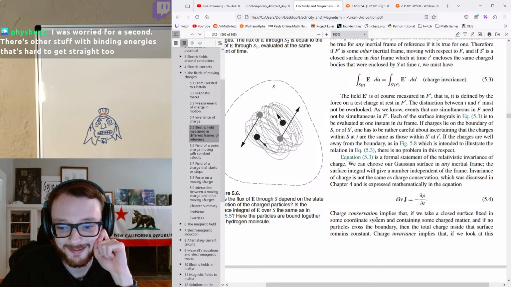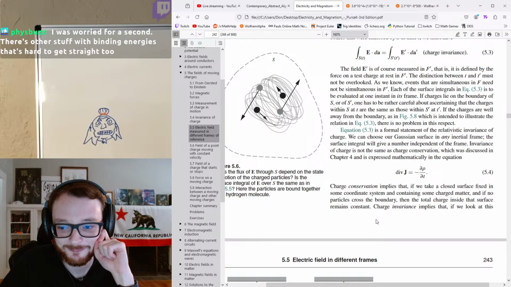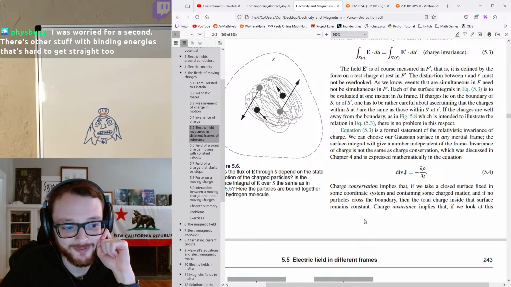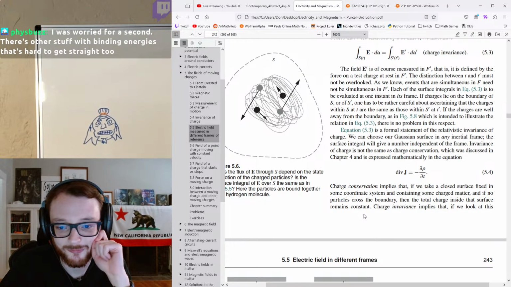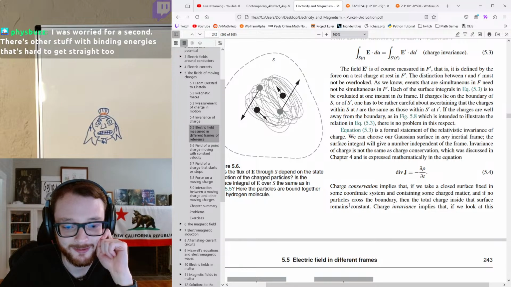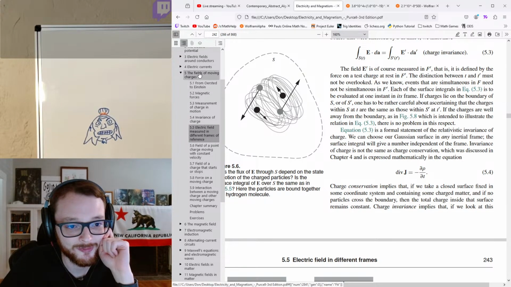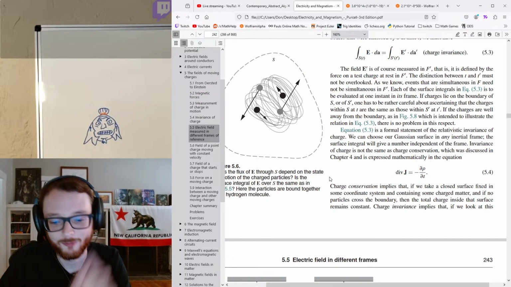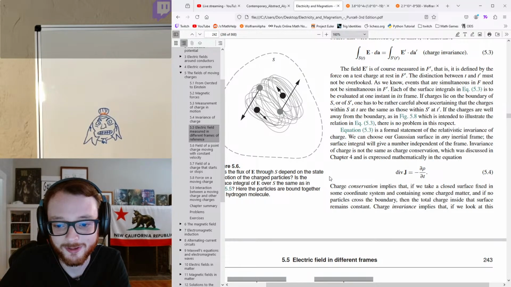I've never taken any class in relativity, I know nothing about relativity, but this book is just starting to use it to explain why the magnetic force must exist. So I've been learning it for the first time with their little summary of relativity, so I'm sure I'm going to say something wrong.